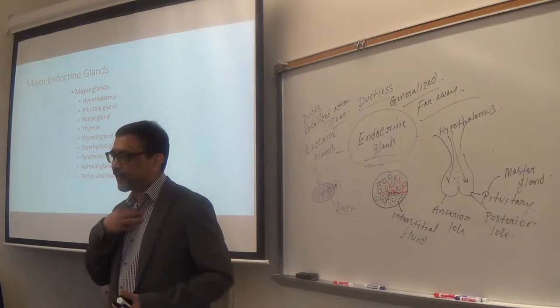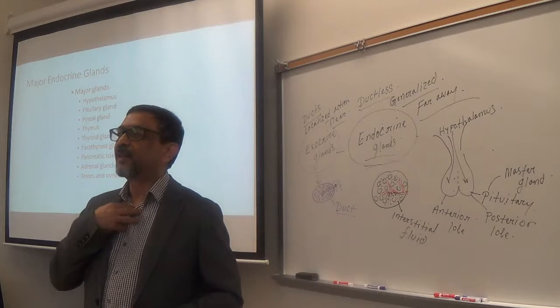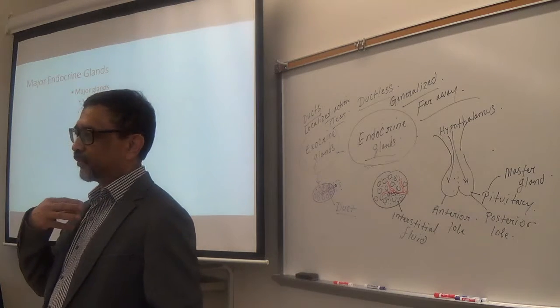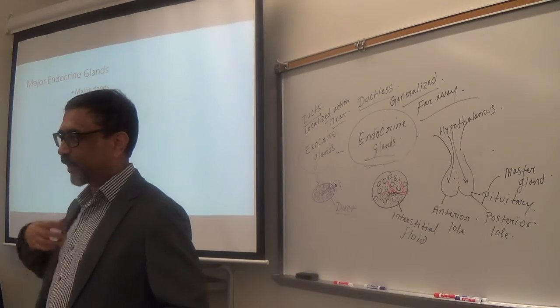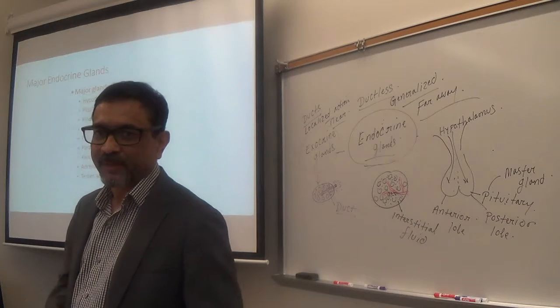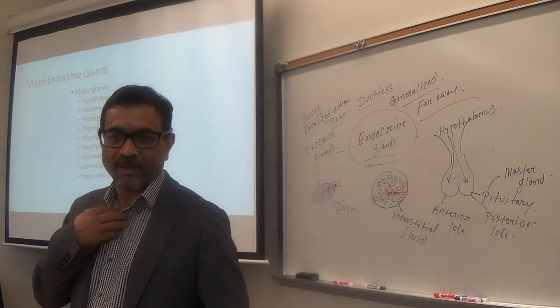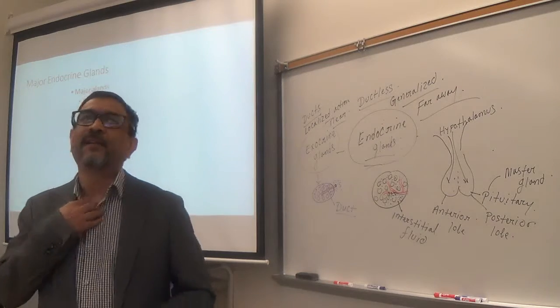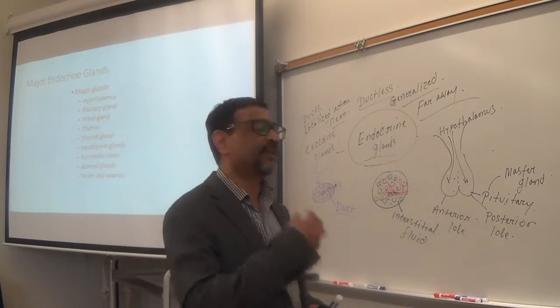Where is it located? Upper part of the what? Thorax. Right on top of the sternum. Just behind the sternum. Yes, it's behind it, like here, the upper part of the sternum.